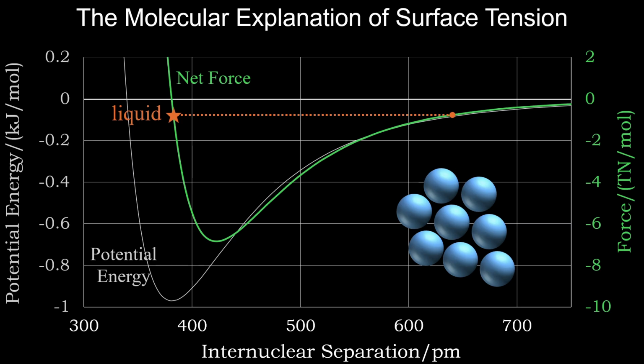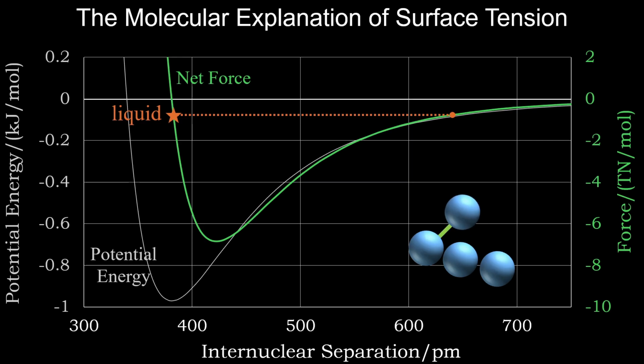Suppose some of the top atoms are removed. Maybe they boil away. Then an atom that was formerly in the bulk liquid becomes a surface atom. Being on the surface, that atom can move further away from its neighbors.